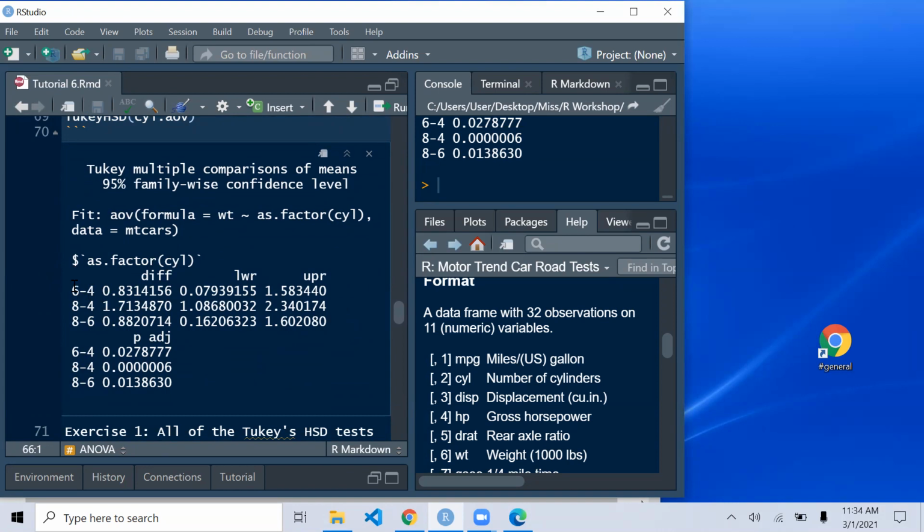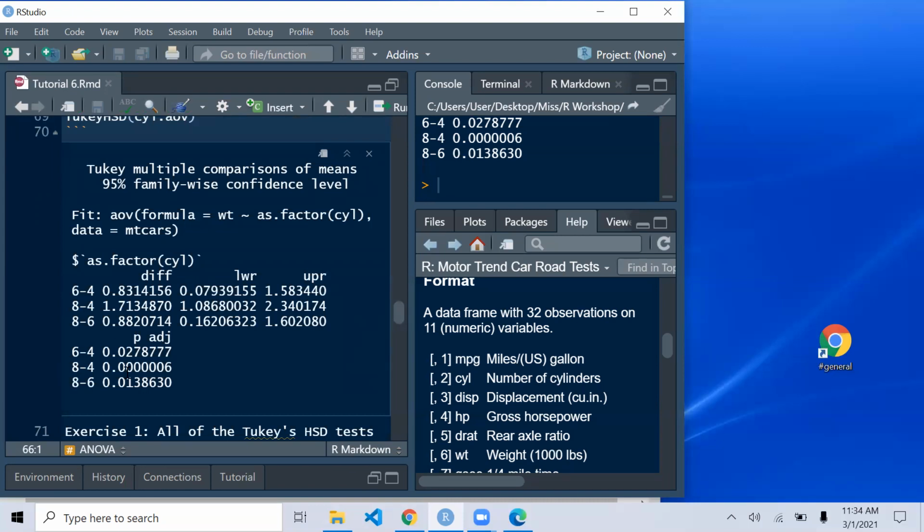When you subtracted 6 minus 4, you got a positive difference of this. When you subtracted 8 minus 4, it was even bigger. And then 8 minus 6 is this. Then these are the intervals we constructed. It's kind of funny because the p-value is actually smallest in the middle here, because that difference is very far from 0.